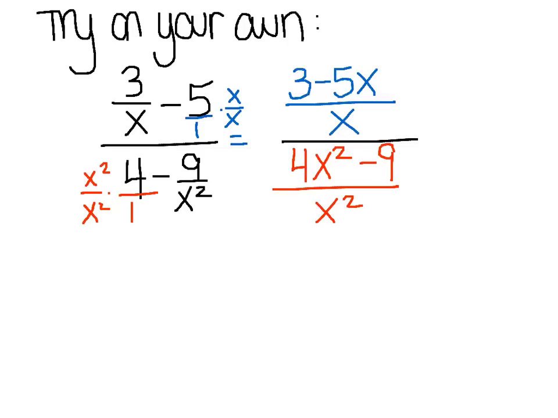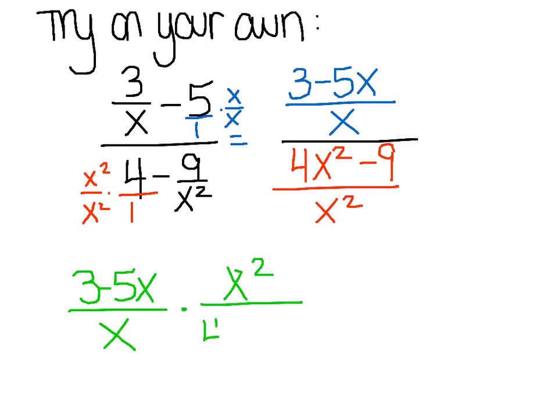Putting that together, we have 3 minus 5x over x times the reciprocal, because that's how we divide, so times x squared over 4x squared minus 9. Well, remember, we always want to factor as far as possible, and we can factor this into 2x plus 3 times 2x minus 3.